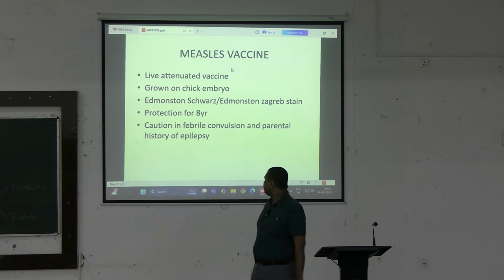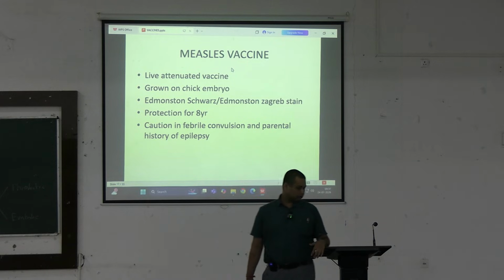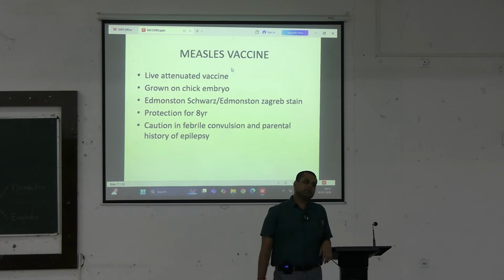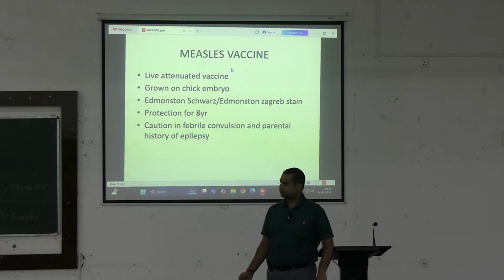Protection for 8 years, causes febrile convulsion. So it should be given with care. Any neurological deficit, you have to be careful with the MMR vaccine.